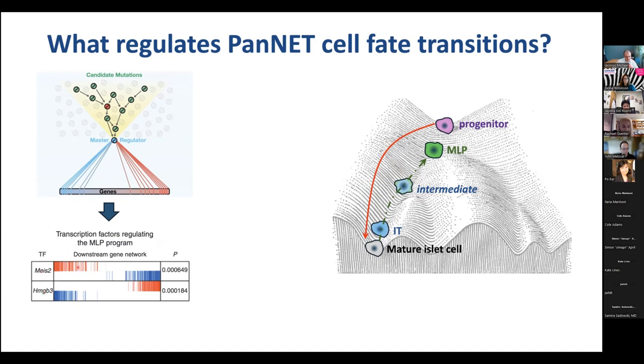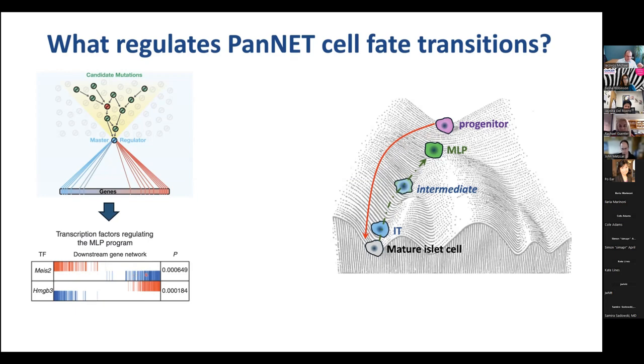The way you can read this, the top are the genes that usually are positively regulated by this transcription factor, and the bottom genes here are the ones that are negatively regulated. So what you see here in red is that the positively regulated genes below MAFB2 are downregulated when you switch from IT to MLP.